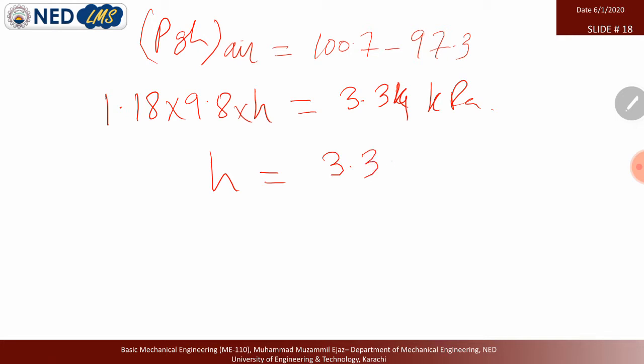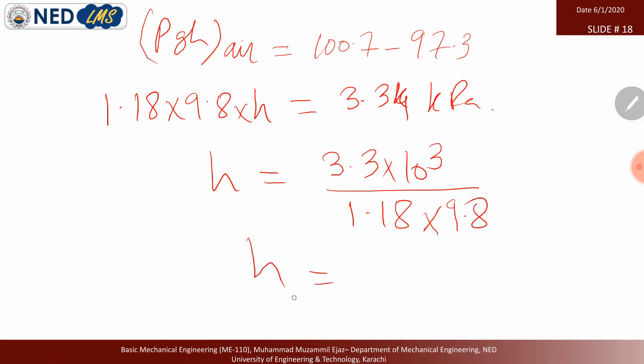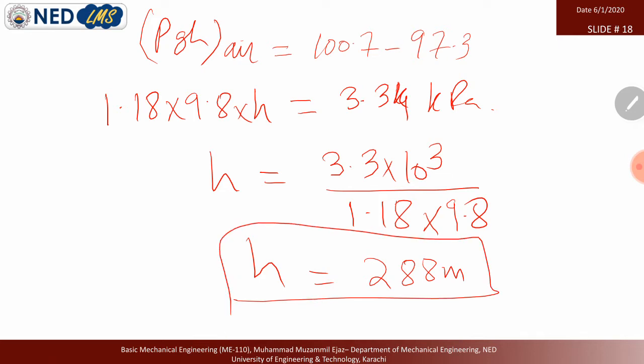So 3.34 multiplied by 10 to the power 3, multiplied by 1.18, multiplied by 9.8, we get a height of 288 meters. So the height of the building is approximately equal to 288.